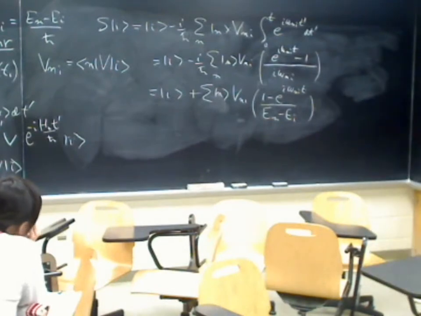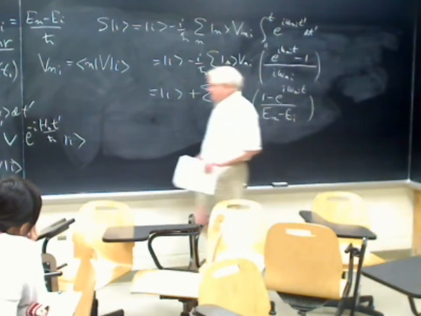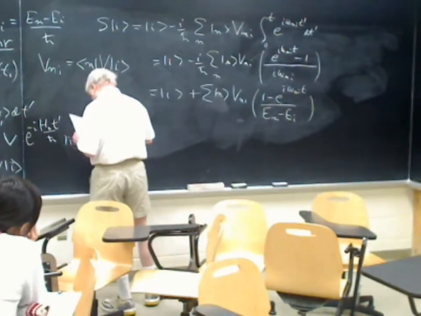Okay, so that's what we've got. And so what's the probability that the system is in the state N at time t?